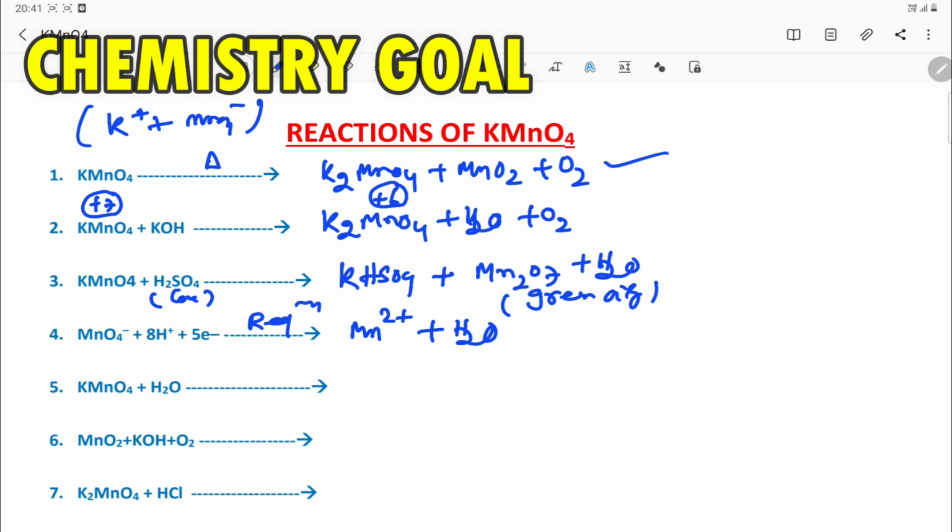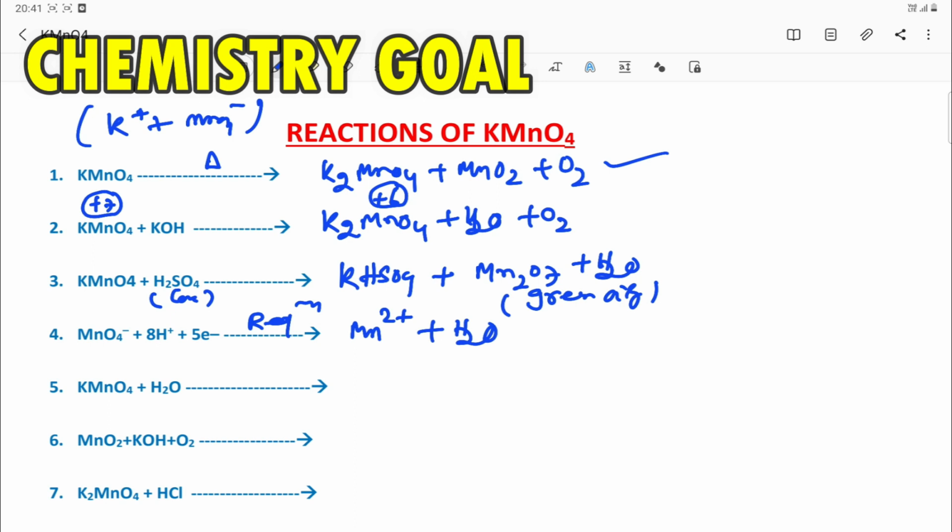This is the main important reaction. When potassium permanganate is used as an oxidizing agent, its reaction is MnO4 minus in the presence of H plus ion converting to Mn2 plus and water. This is the reduction reaction of potassium permanganate.